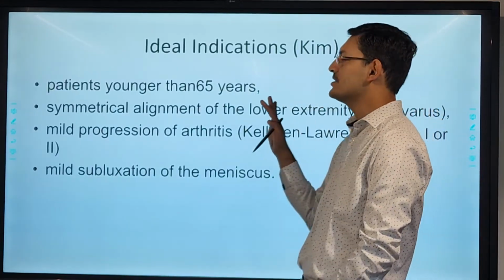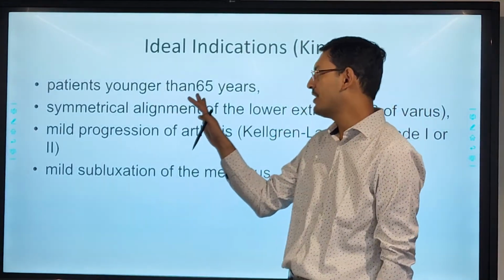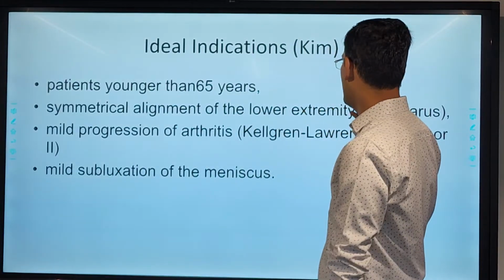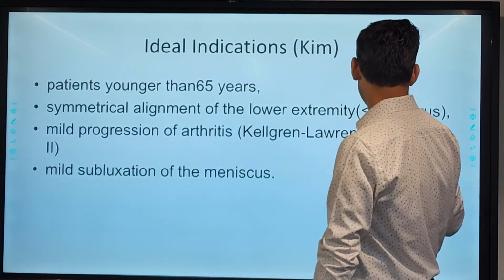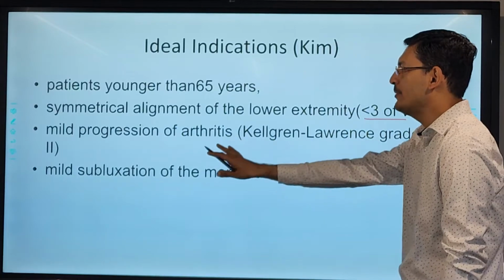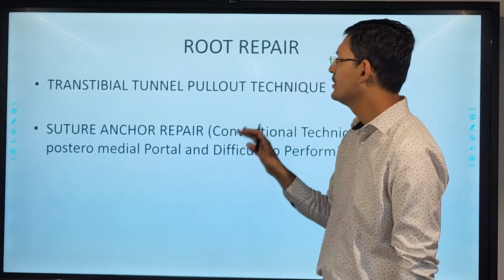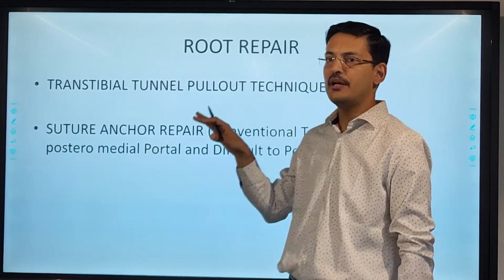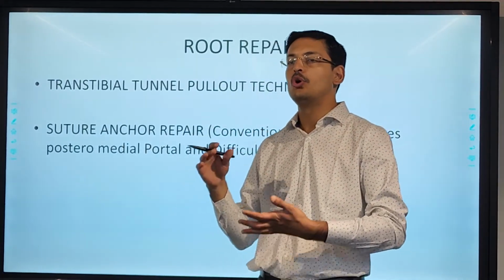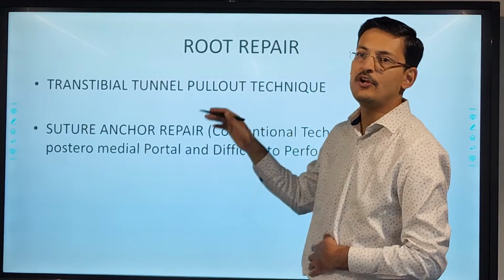Now the ideal indications are patients should be younger than 65 years, they have a symmetrical alignment of the knee, varus should be less than 3 degrees, you should have mild progression of arthritis and mild subluxation of meniscus. These are the classical indications. Now, historically speaking, meniscus root tears were repaired by two predominant techniques.